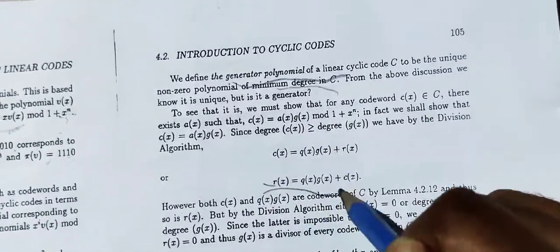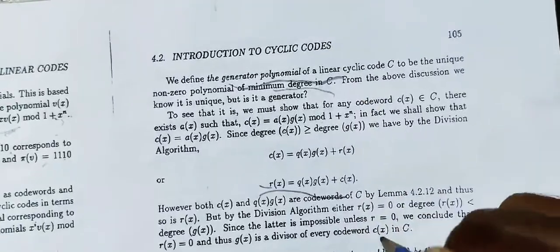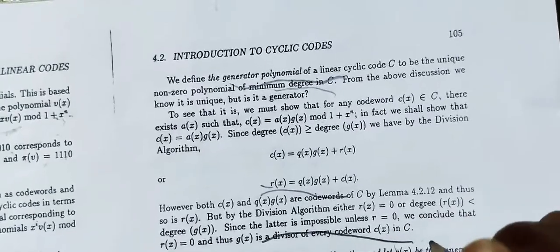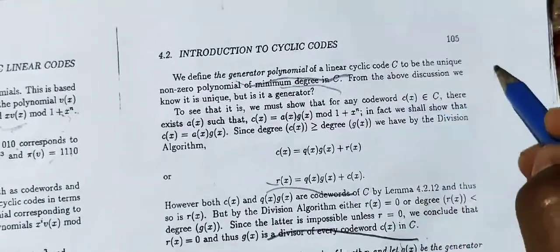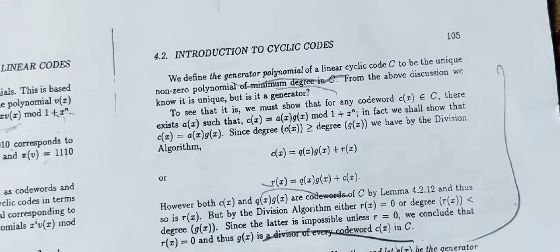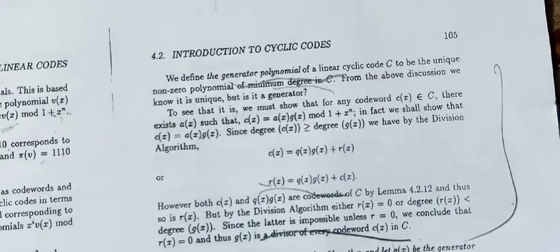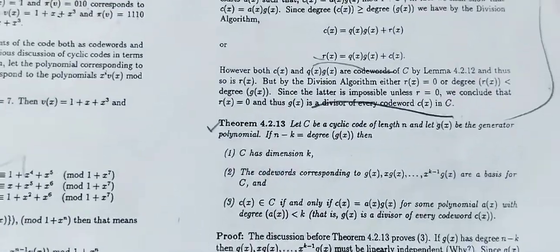Same as in number theory, to check uniqueness, consider c of x and its representations, where the quotient is the same and the remainder is also the same. So C is the unique linear code. We have a theorem. We'll discuss this later.